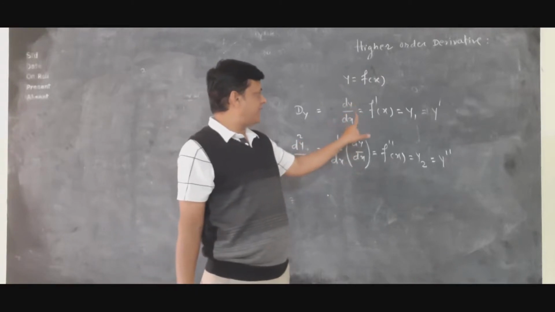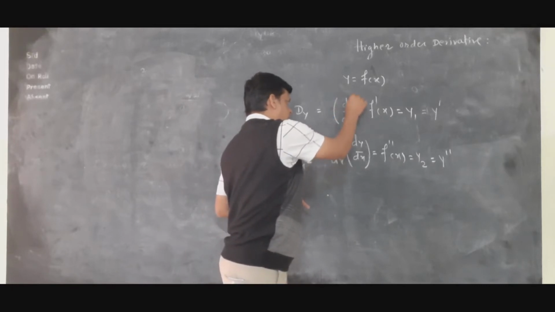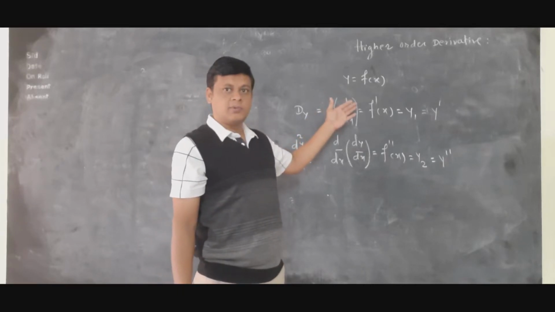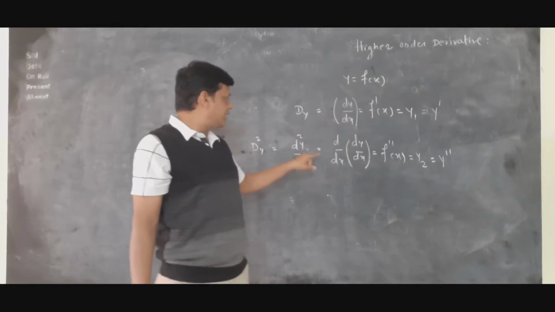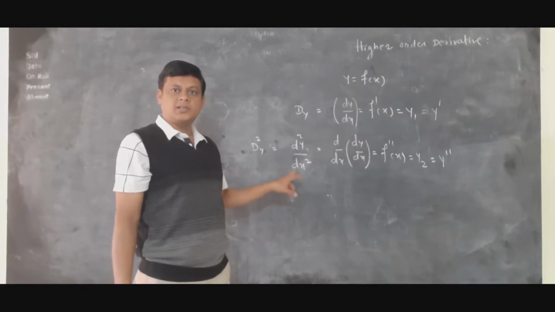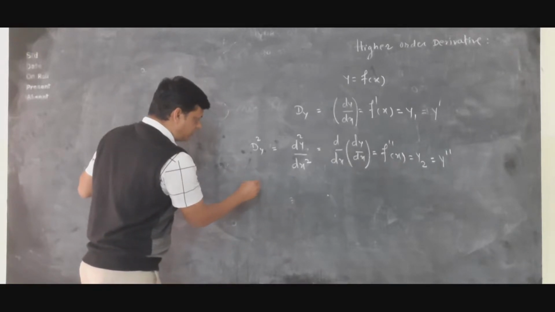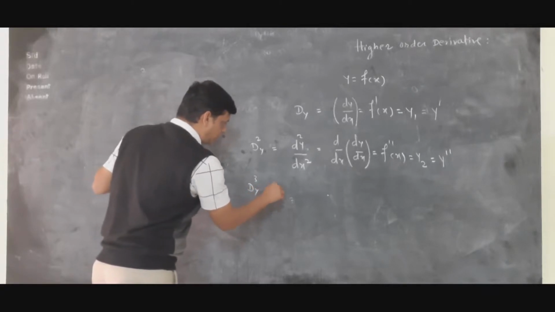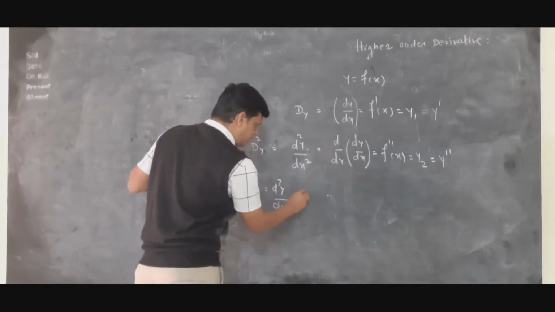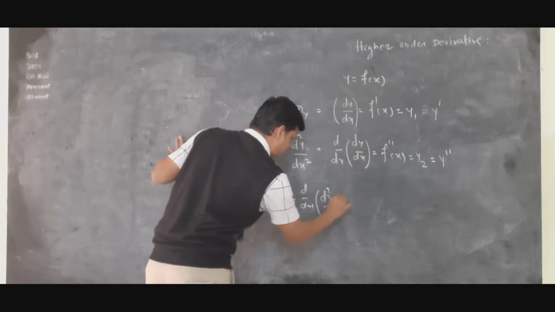If we find dy by dx, then this is the first order derivative. If the first order derivative is differentiable and we differentiate it again, that derivative is called the second order derivative. If we further differentiate the second order derivative, we get the third order derivative, denoted by d3y by dx3, or d by dx of d2y by dx2.